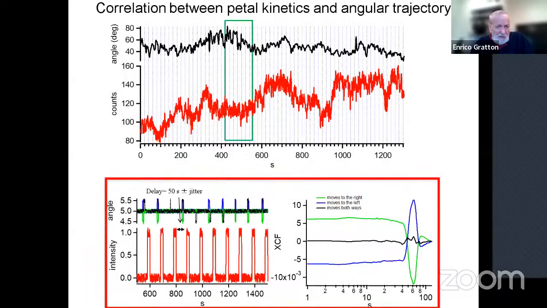So correlation: the other thing we can do is see if one petal, one particular gene, will correlate with the other or not, so if they are independent or not. One moves to the left, the other moves to the right during gene expression. If we do the cross correlation among all of them, we get no cross correlation.